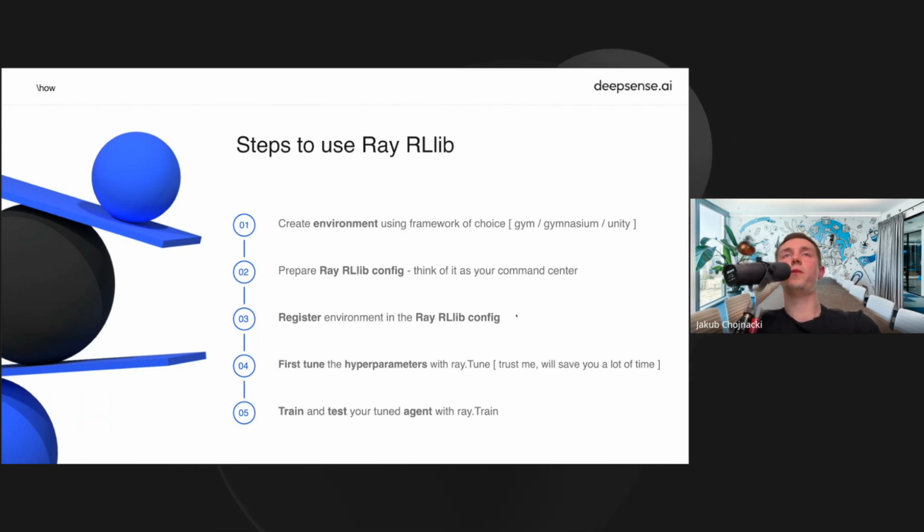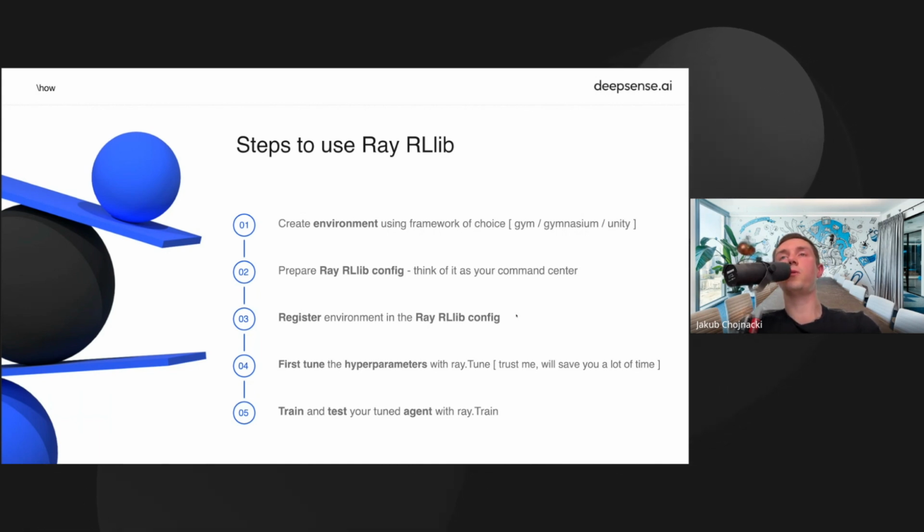After you create this configuration, your job is to register your created environment in this config. Also, you can then register your devices, so you can say that you would like to use your GPU and CPU and whatnot. And after that, you are ready to go. The thing that I really find pretty important in any RL is that every time you should first tune your hyperparameters.